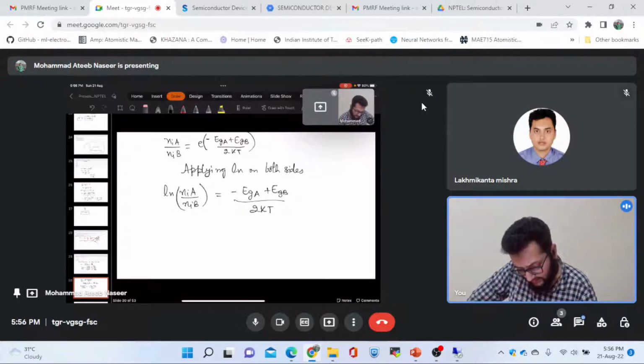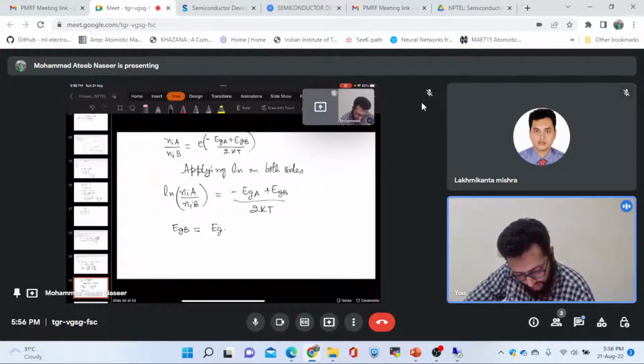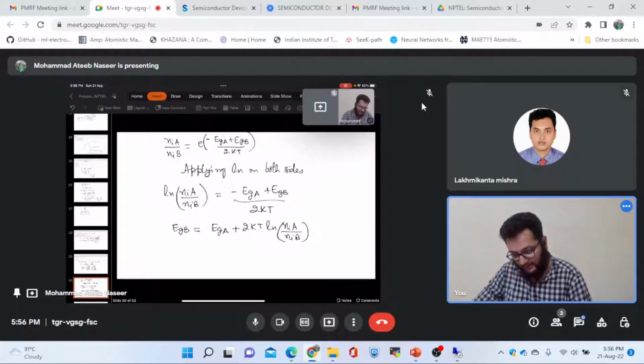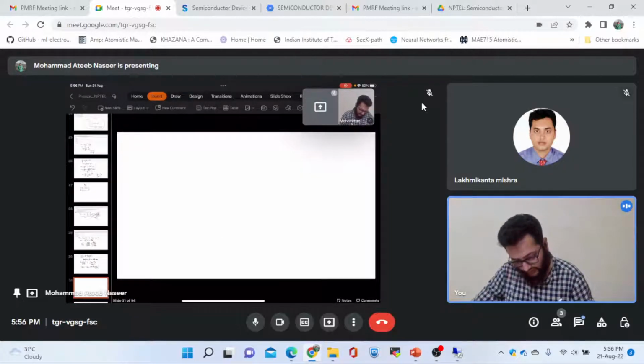Now, taking the Eg on the other side, since we know the Eg of A, we are required to find the Eg of B. This Eg of B will simply be equal to Eg of A plus 2kT ln of Ni of A divided by Ni of B. Now we are left with substituting the values only.